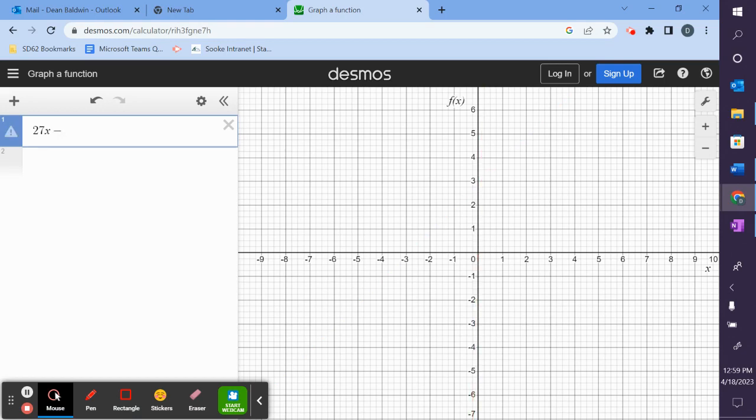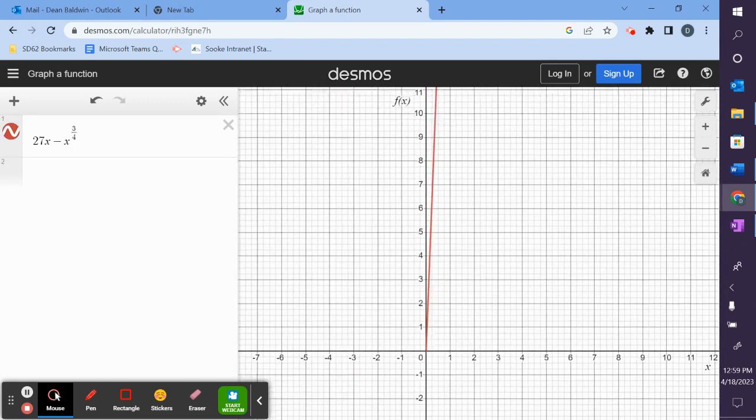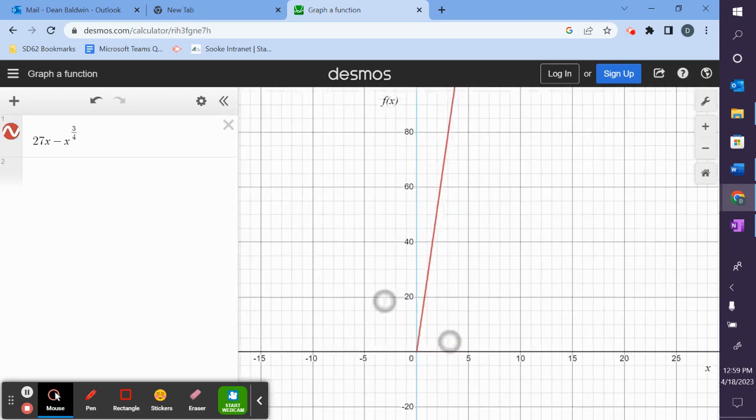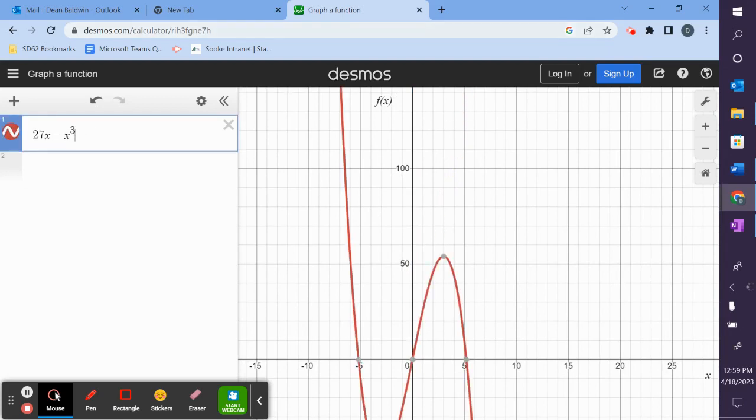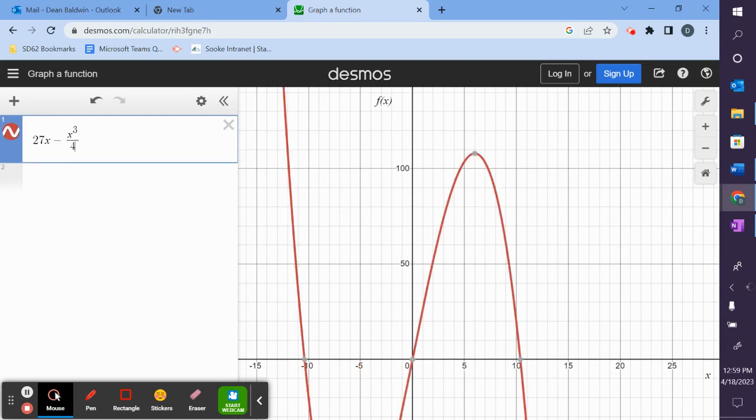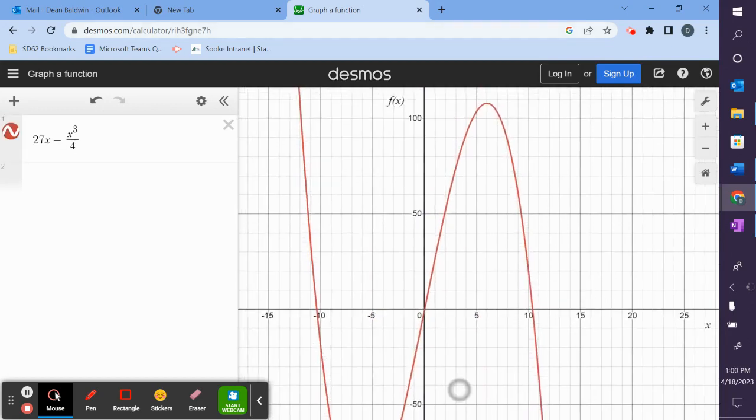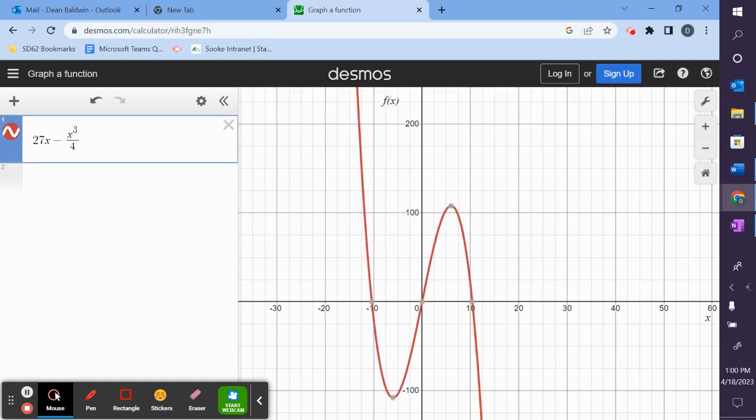When x is 6, that gives you the maximum volume of 108.